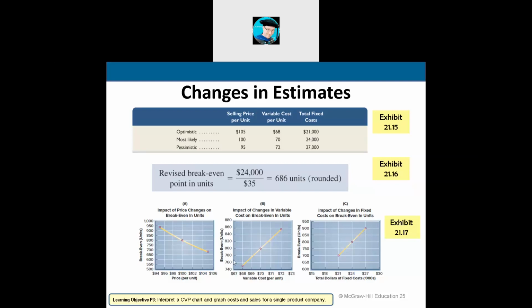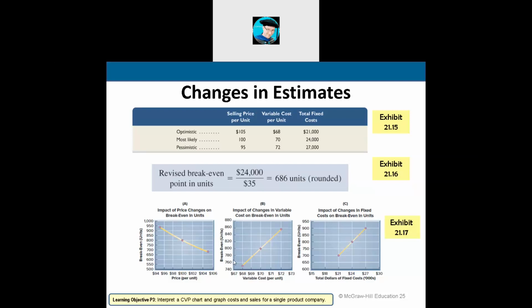And that change is based off of a couple of estimates. I have optimistic, pessimistic, and most likely. Pessimistic means I doubt it'll happen. It might, but I doubt it'll happen. Optimistic means that's what I really want to happen, right? But what will probably happen is most likely.